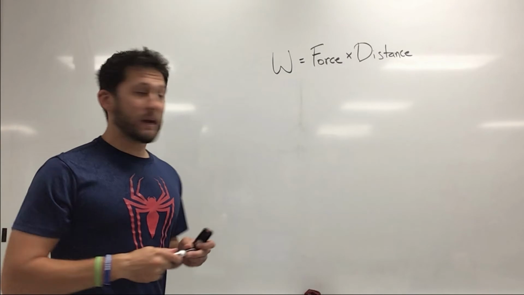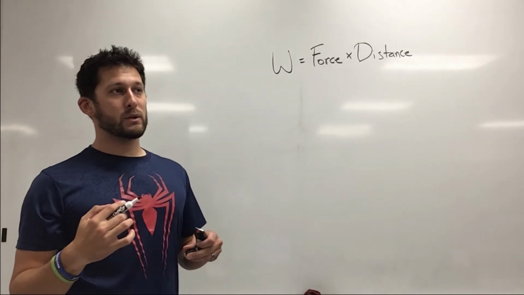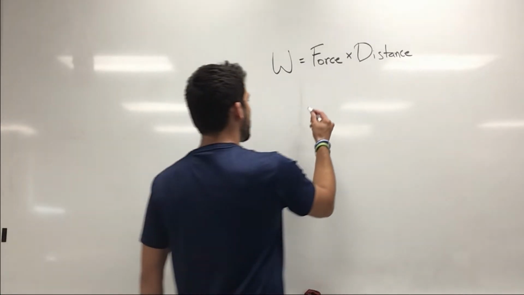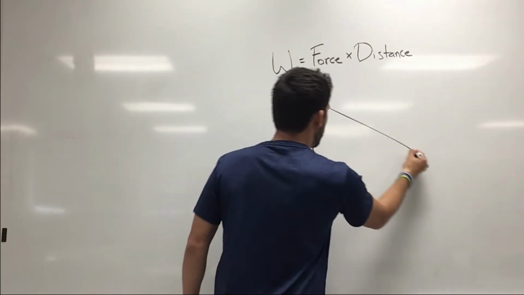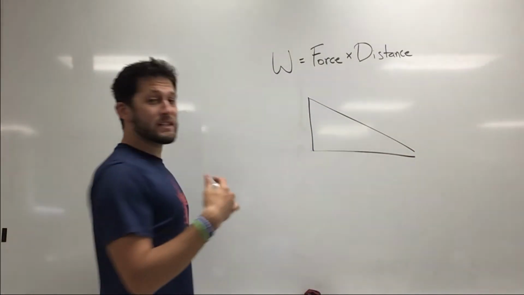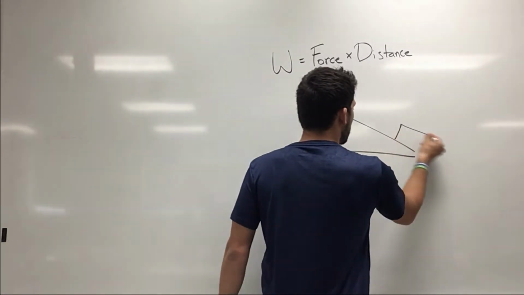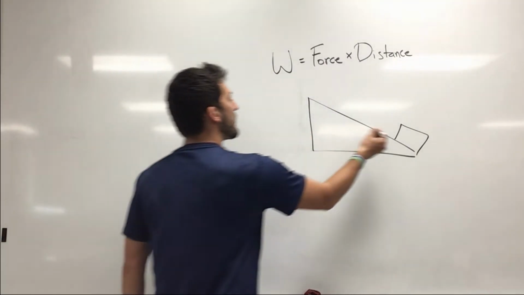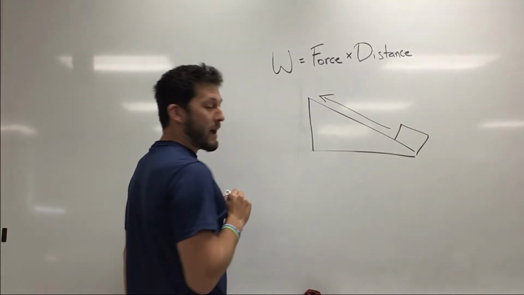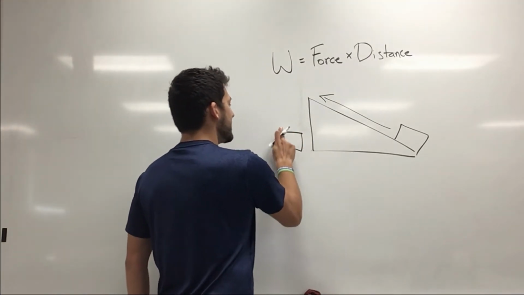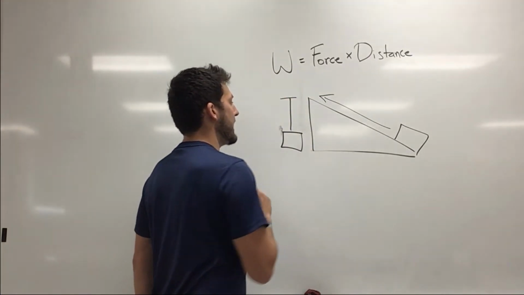So let's go back to that pickup example. Let's say that we're going to build a ramp to try to get that box up into our pickup. So we have our beautiful ramp here. And so now we have a couple options to put that box in the pickup. Either we can take that box and we can slide it up the ramp into the back of our pickup, or we can lift that box into the back of a pickup for that distance.